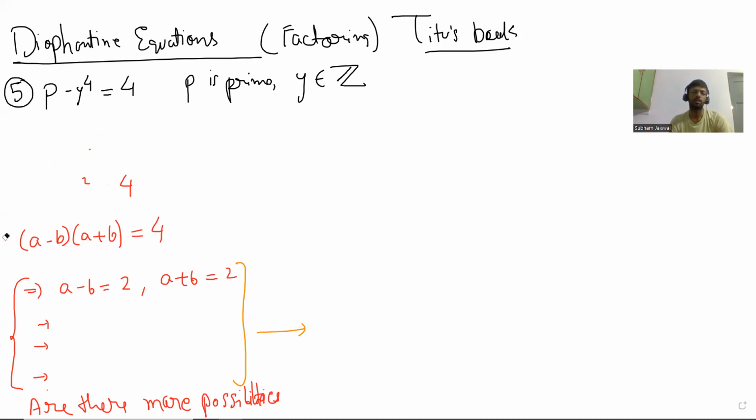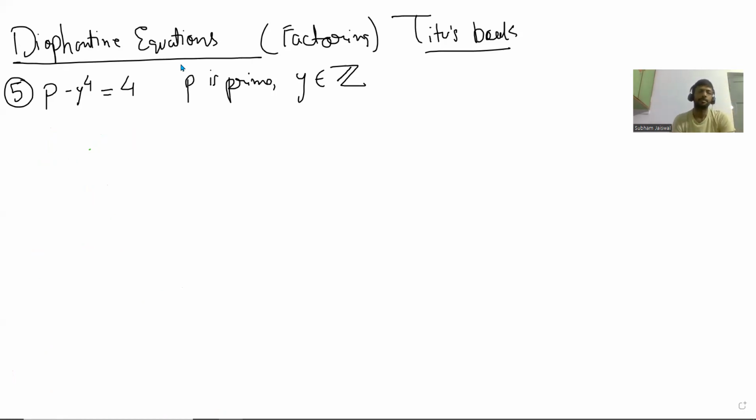Now think. So still, the large thing that is given away is that it's the factoring method. So you have to factor, right? It's already being told to us.